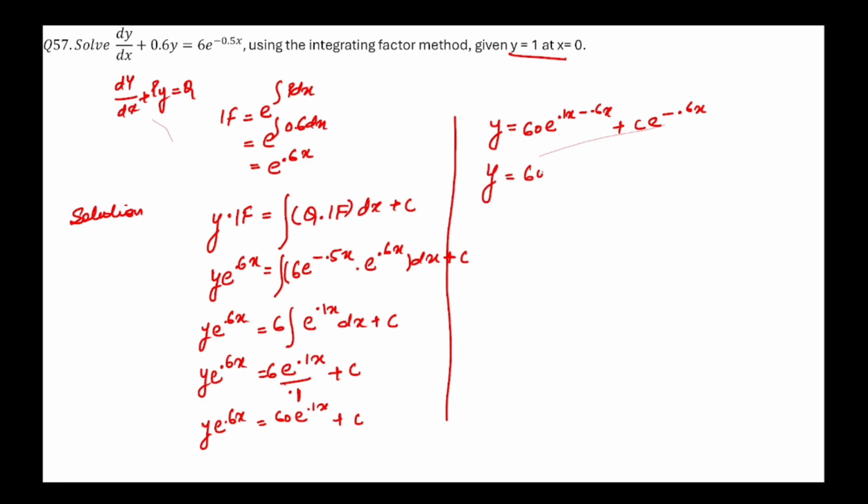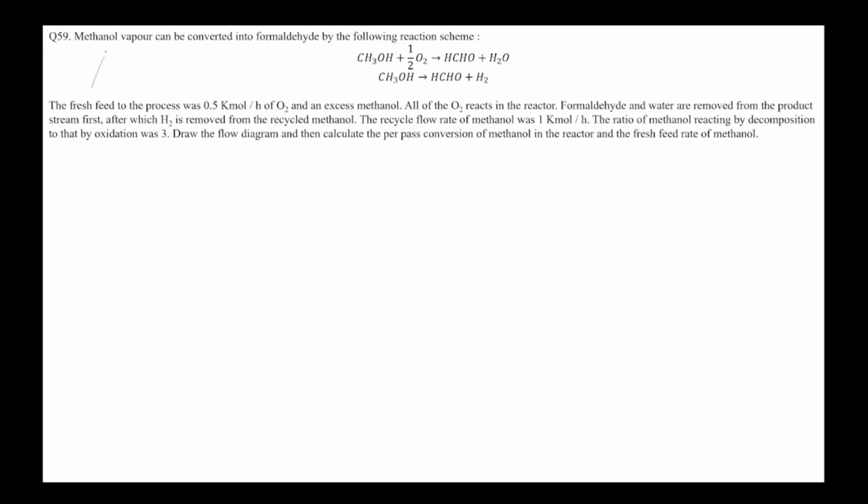Just simple mathematics: e to the power minus 0.5 x plus c e to the power minus 0.6 x. Okay, at x equal to 0, y is 1, so 1 is 60 plus c. So c will be minus 59. Okay, so put the value of c here, and you will get the solution. So straightforward question.